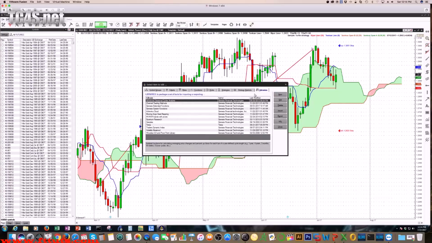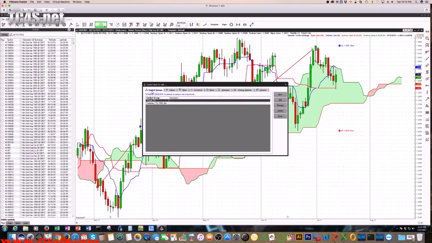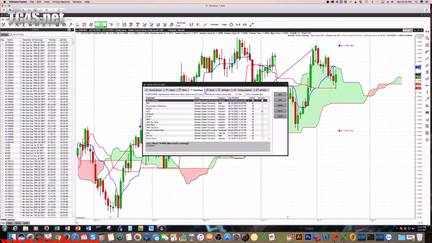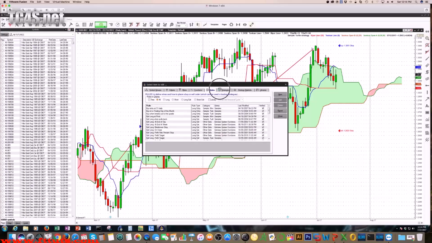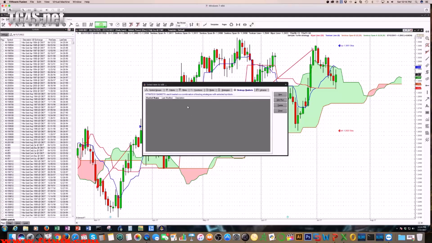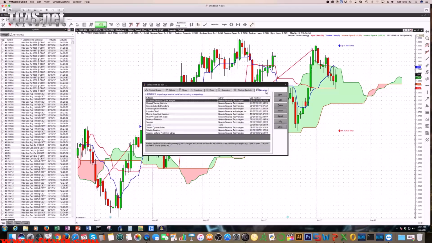Libraries is going to bring up this window, and this is where you see the symbol group, the criteria, the filters, the functions that you can make for strategies, and the actual strategies. And if you wanted to test a whole group of strategies on different markets, this is where you would do that as well.